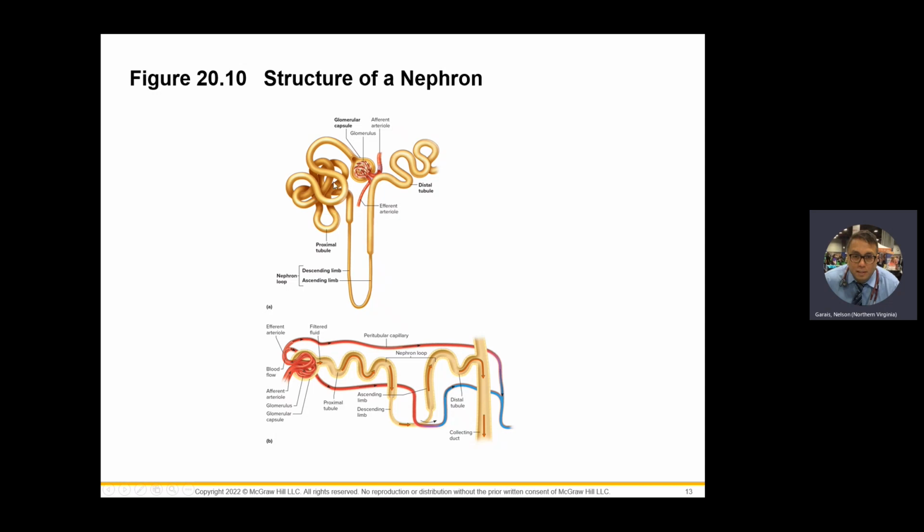All that means is it's proximal, it's close by. And if you have a proximal tubule, you have to have a distal tubule. In between them is the loop of Henle. The part of the loop going down is your descending limb, and the part going up is your ascending limb.